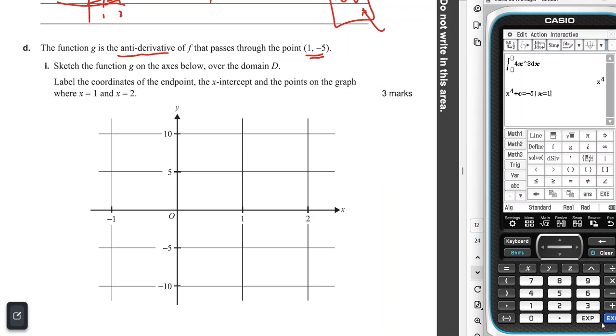That's my given condition. So c equals -6. So g of x should equal x to the 4 minus 6.